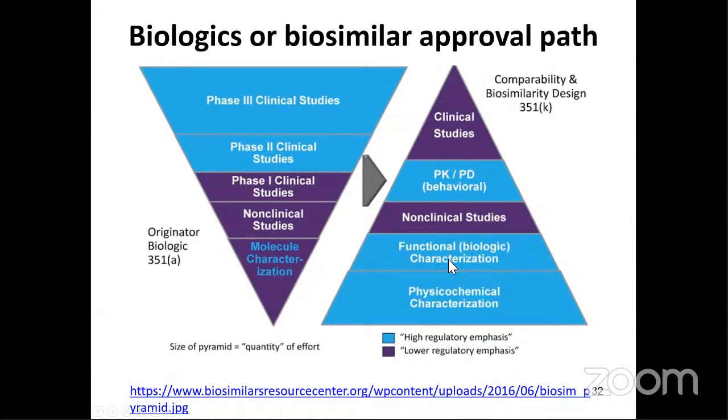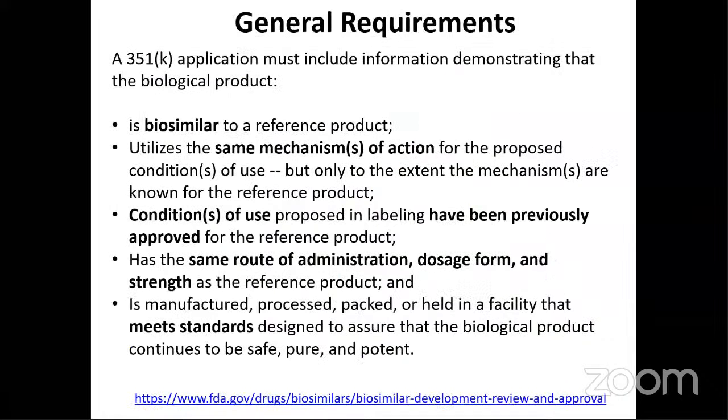And then after this is done, if there is a residual uncertainty, non-clinical studies, PKPD studies, and clinical studies all need to be submitted, but the basis is this. And the objective of this 351(k) path, which is the biosimilar path, is not to demonstrate safety and efficacy, but to demonstrate the similarity.